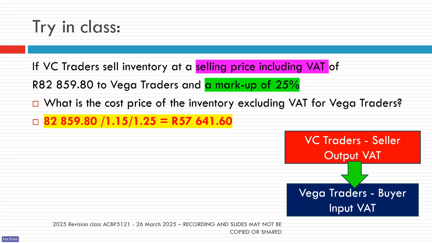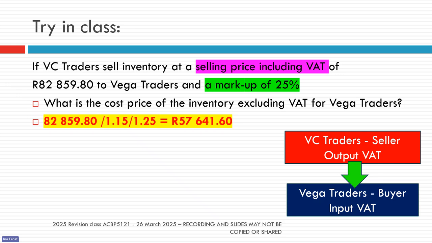And just for completeness, I'm also adding in who it is that has output VAT and who has input VAT, as a last reminder on this slide. For something like this, the key is that you definitely show us workings, because there are two distinct calculations you have to make here.